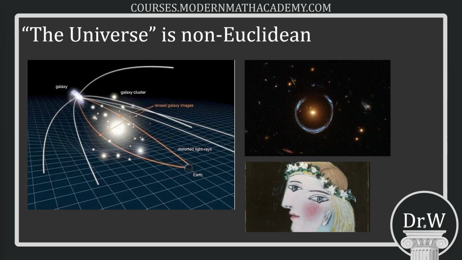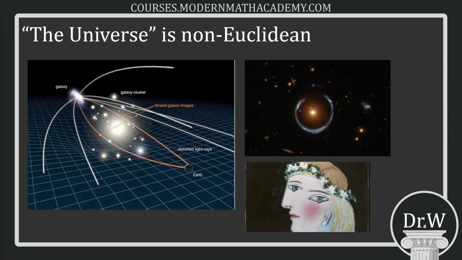As it turns out, the sun, or galaxies or stars, have mass, and this actually curves space so that it is not Euclidean anymore. And so what we're seeing here is that there's a large cluster in the middle between the Earth and this other faraway galaxy. And because that cluster is so massive, it curves the space, which causes the galaxy behind to be presented to us in this weird ring or U shape. So this is a real observation.